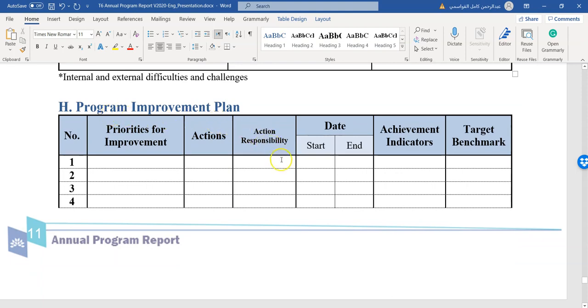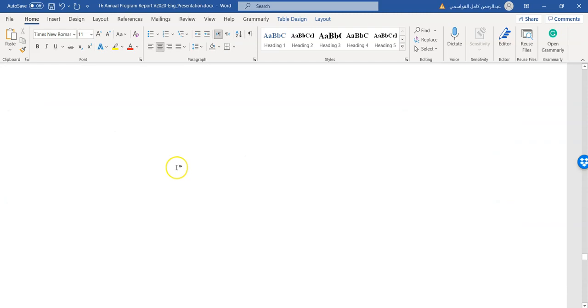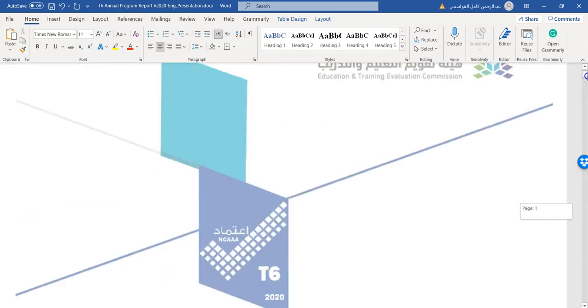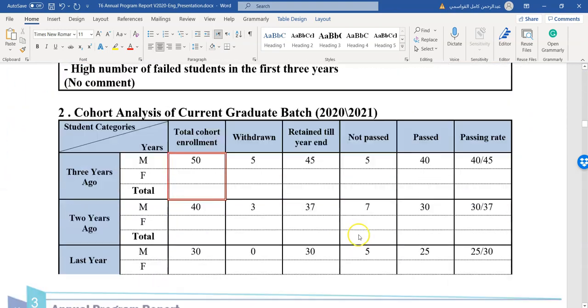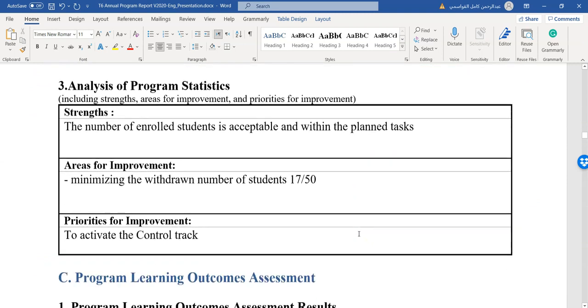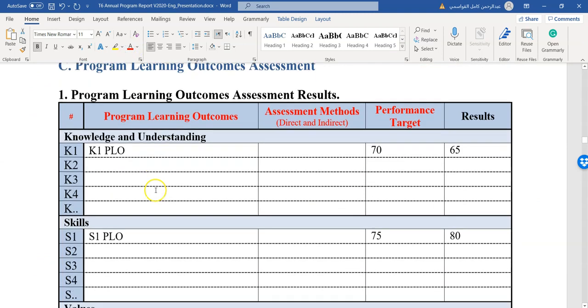The program improvement plan. This is the improvement plan based on what is written before. You have to look back again at your priorities of improvement. You have here one.